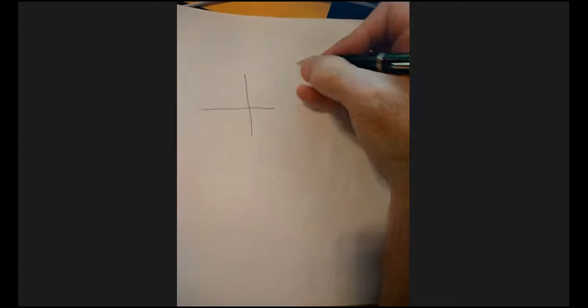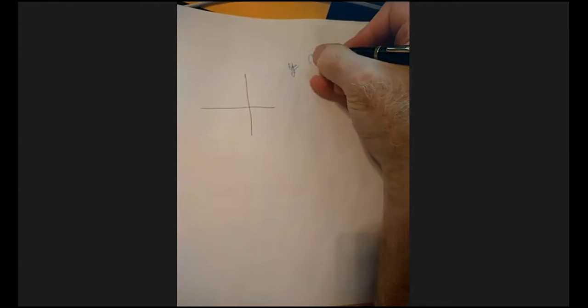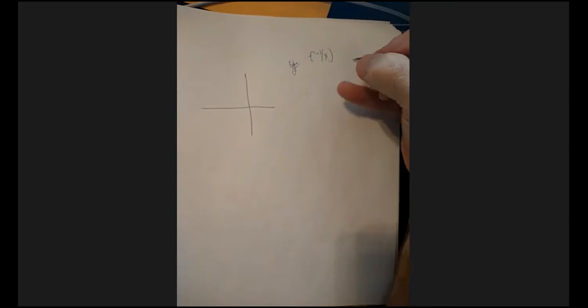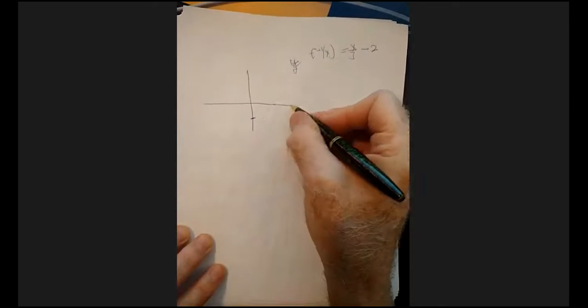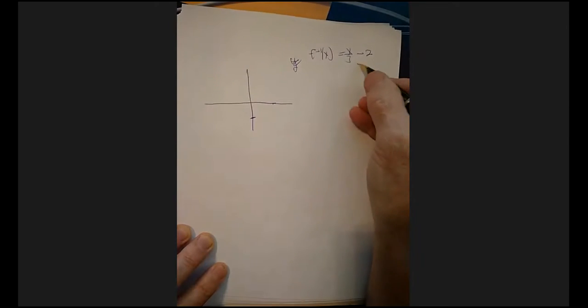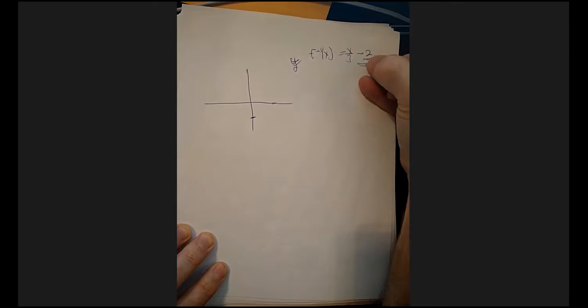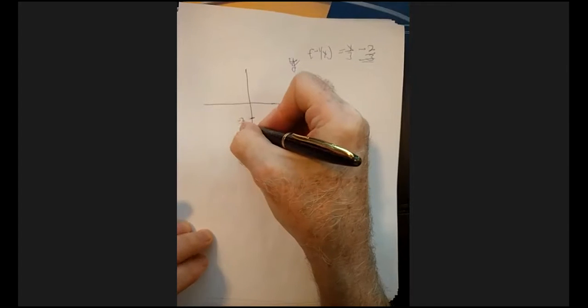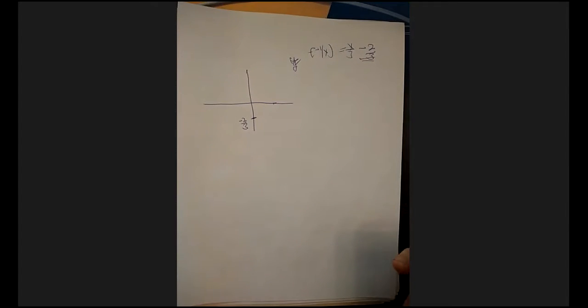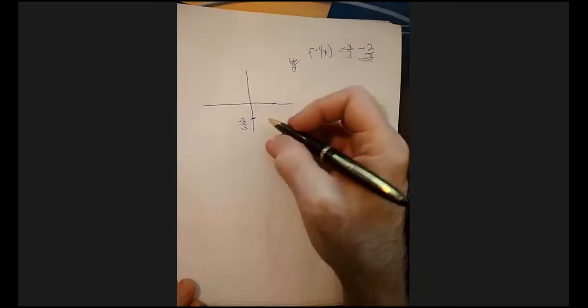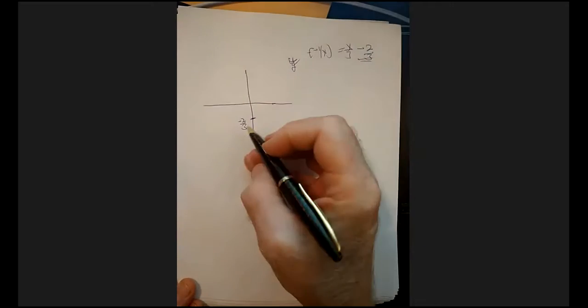Now, you can also draw this. The inverse is the line with slope 1/3 and y-intercept minus 2/3, because that was the formula. So it's going to go through here. Again, this is just a rough sketch. It's going to go through minus 2/3, and then it's going to have a positive slope of 1/3, so not very steep.